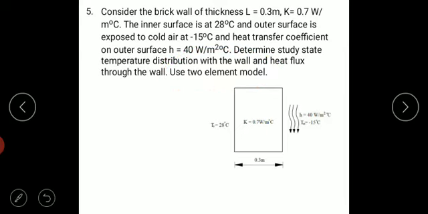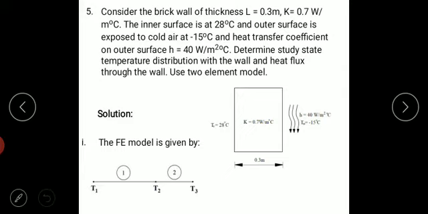The very basic step is to consider the FE model with two elements. Both should be equal, so the point should be shifted so that both are equal. So element 1 and element 2, I have 3 nodes.